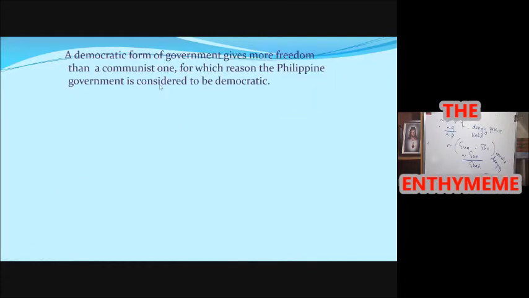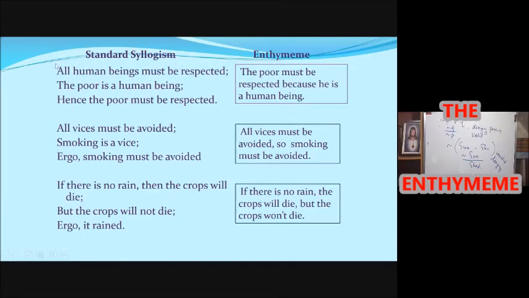Now, remember that a standard syllogism, like this one, will have a major premise, minor premise, and conclusion. And the conclusion here contains the minor term, the subject, and the major term, the predicate.